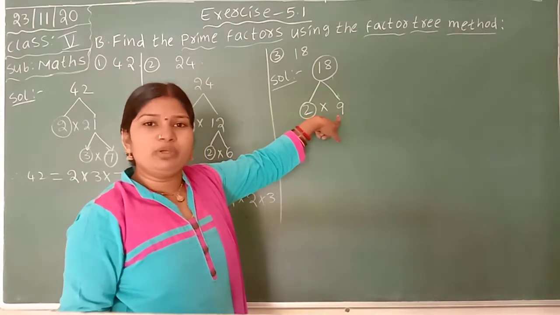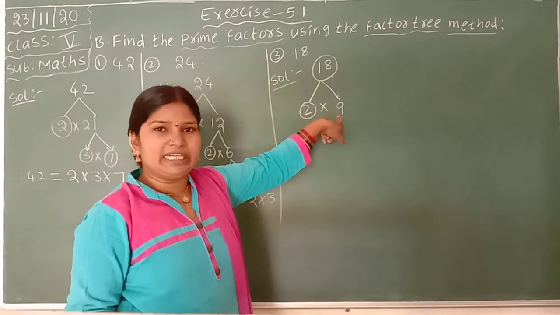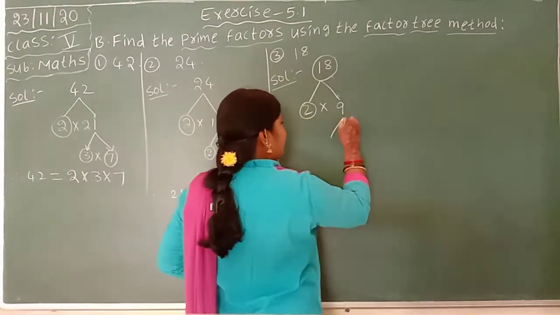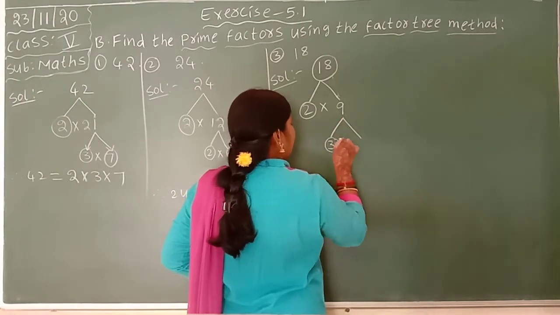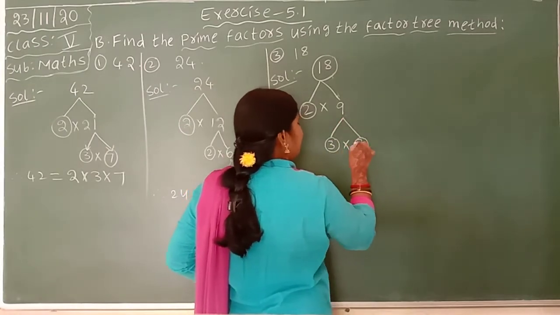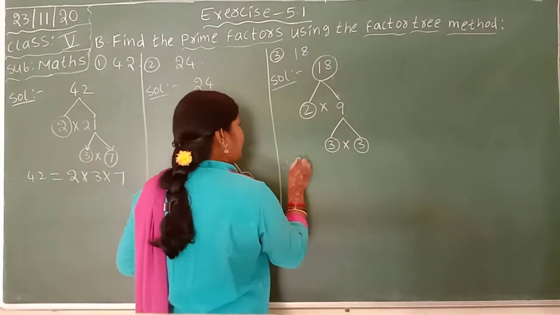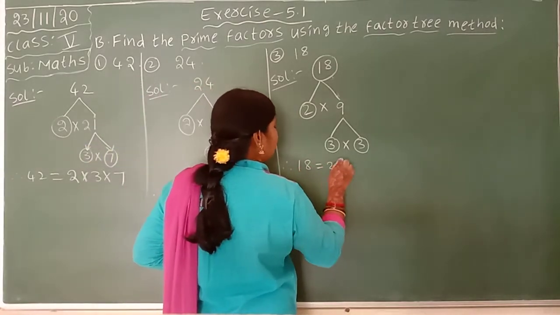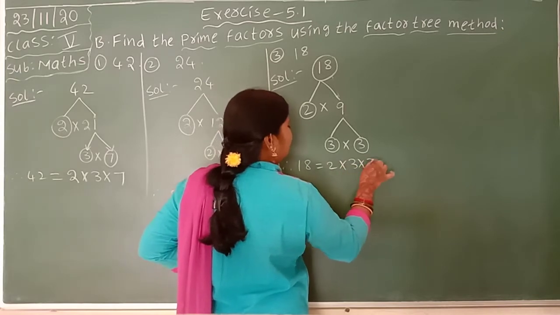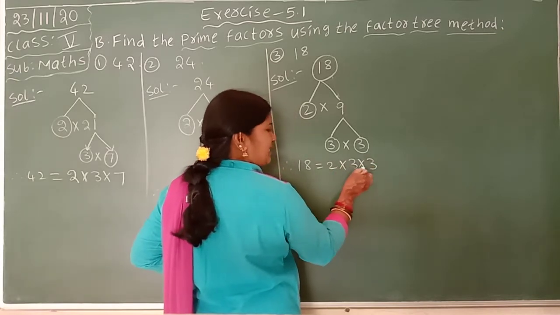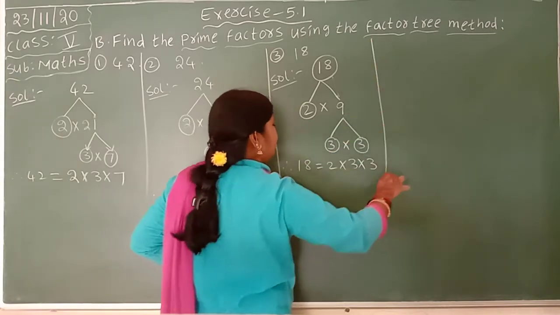Again, 9 does not come in the 2 table, so you have to check in the 3 table. 3 threes are 9. 3 into 3. 3 is also a prime number. Therefore, 18 is equal to 2 into 3 into 3. 2 threes are 6, 6 threes are 18.